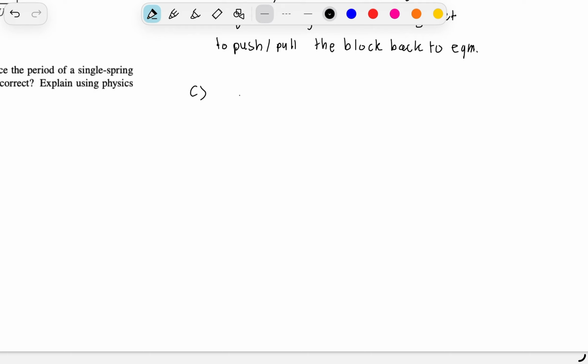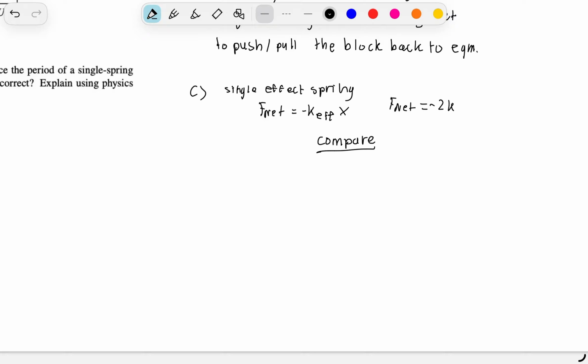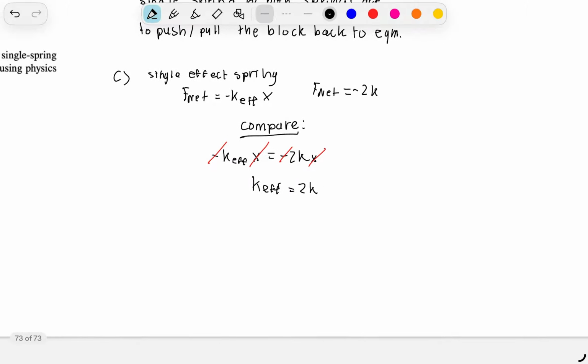So for a single effective spring, we already know that F net is equal to negative 2kx. So we get this.